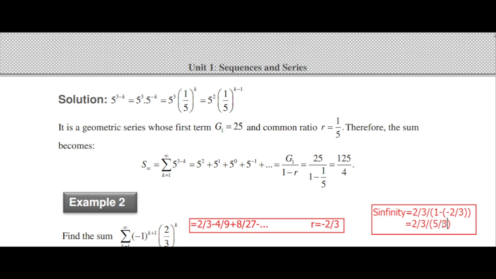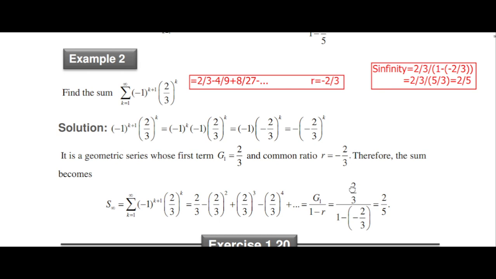After simplifying this, the 3s cancel, and we get 2 over 5. Let's cross-check it. Here is the answer. So this infinite series approaches 2 over 5.